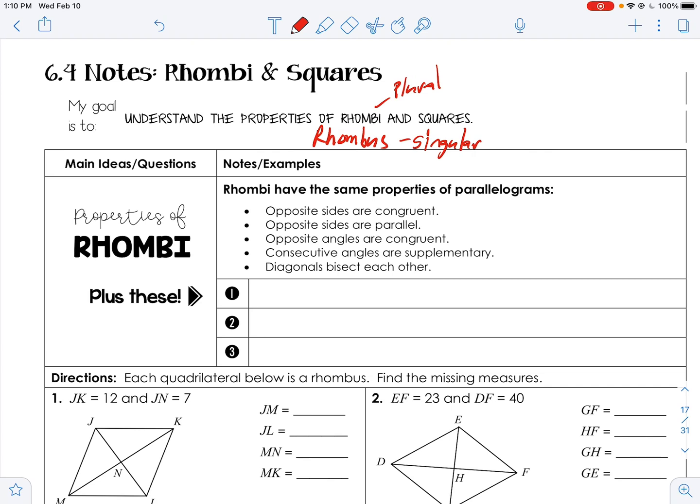But rhombi have all of the things of parallelograms: opposite sides are congruent, opposite sides are parallel, opposite angles are congruent, consecutive angles are supplementary, diagonals bisect each other, and all four sides are congruent. So whereas in a rectangle opposite sides are congruent, in a rhombus all sides are congruent.